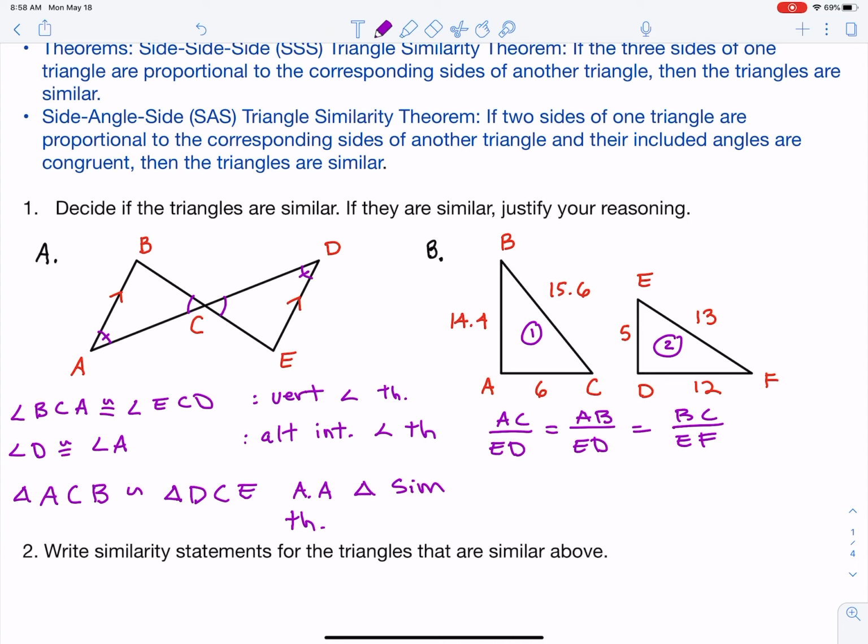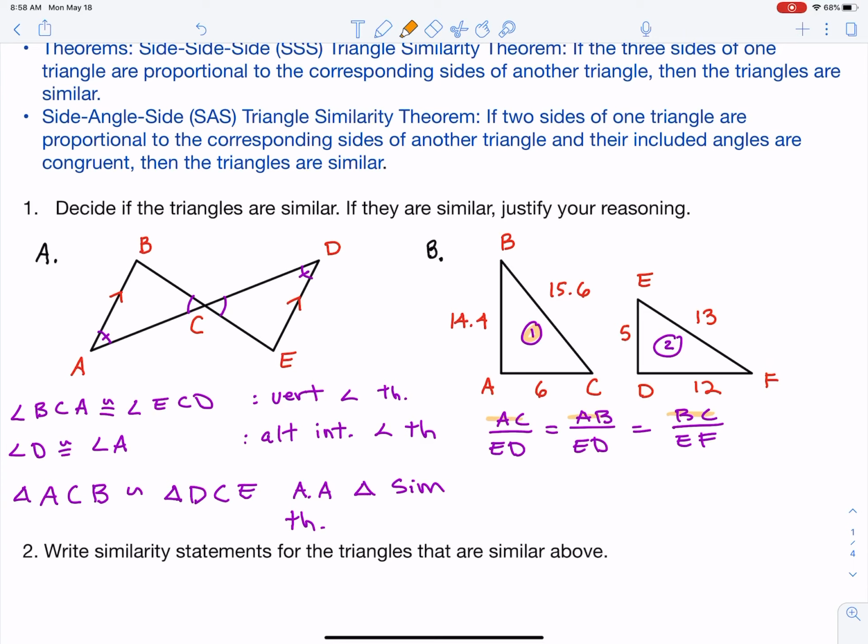By the way, I want to just kind of keep note here. And this is important, I want you to notice that I always kept, in the numerator of my fraction, the lengths of the first triangle. And in the denominator, I always kept the lengths of the second triangle. You have to be consistent, okay? So you have to always go from one triangle to the other.